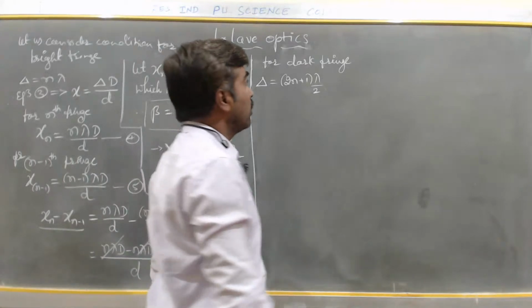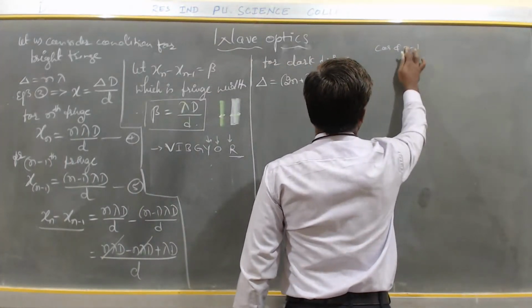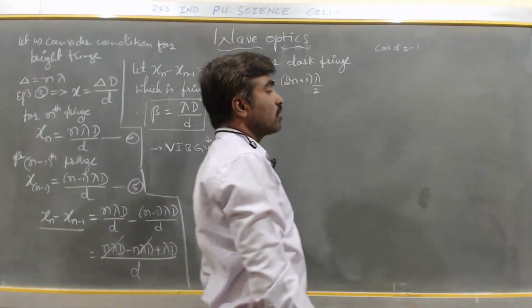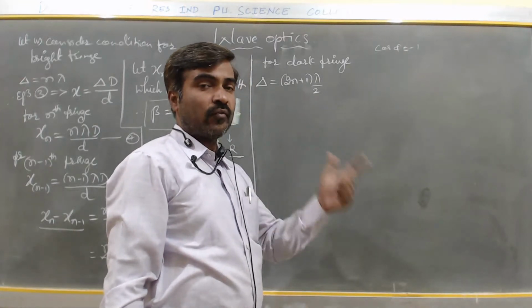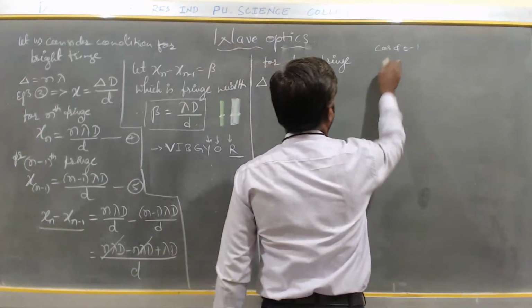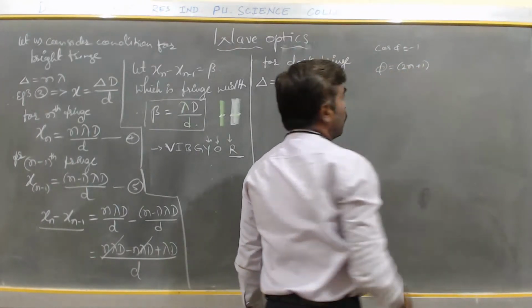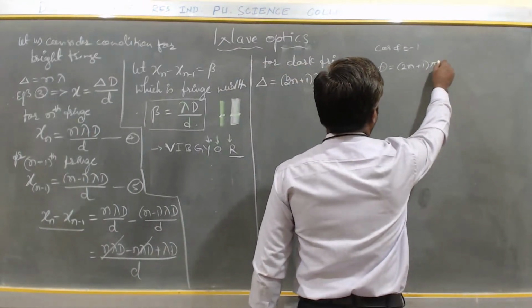How did you get this one? Again, cos phi should be minus 1, we have discussed. Condition for destructive interference: when do you get cos phi equals minus 1? It is for pi, 3 pi, 5 pi like this. The generalized condition for phi is (2n plus 1) into pi, where n is an integer.